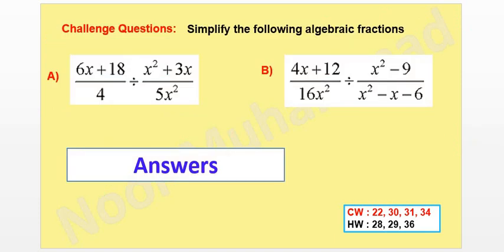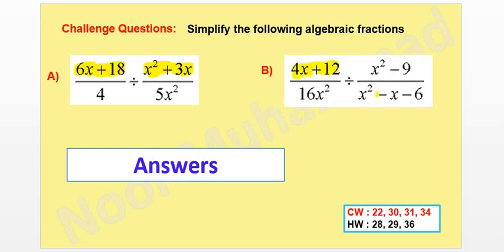Here I have some challenging questions for you. Better pause the video here and simplify both A and B parts. Just let me give you a hint because it's a challenge question. There are a lot of parts that have to be factorized. This one will be factorized using the GCF. This one will be factorized using the GCF.